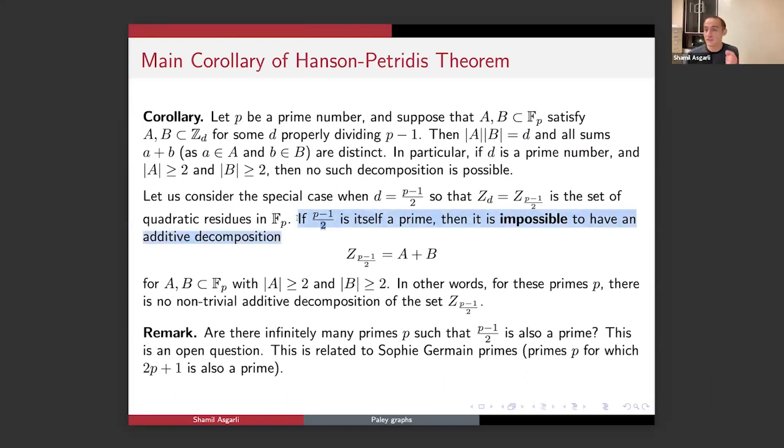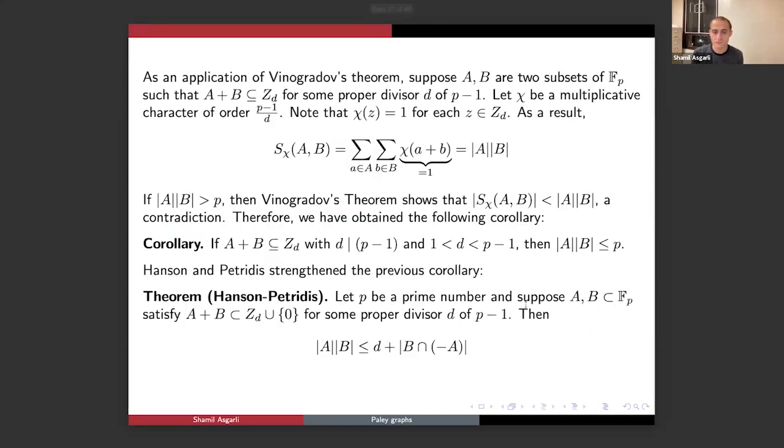According to the Hanson and Petridis result just above, if this value of D, in this case P minus 1 over 2, is a prime, then you cannot express Z sub P minus 1 over 2 as a sum of two subsets. In other words, for these primes P, there is no non-trivial additive decomposition of the set Z sub P minus 1 over 2.